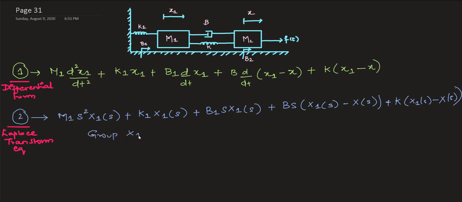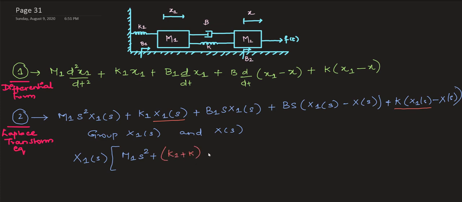So once I do the Laplace representation, I am going to group my displacement terms together. I am doing this for all the questions because eventually my transfer function is going to be the displacement upon force. So grouping this will help me to obtain the transfer function much easier.